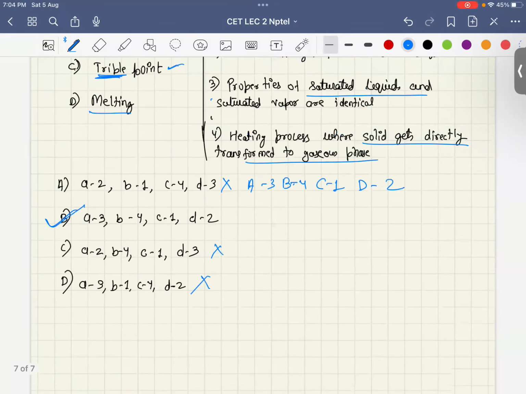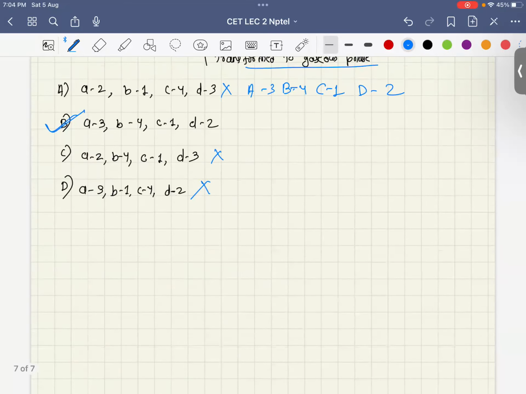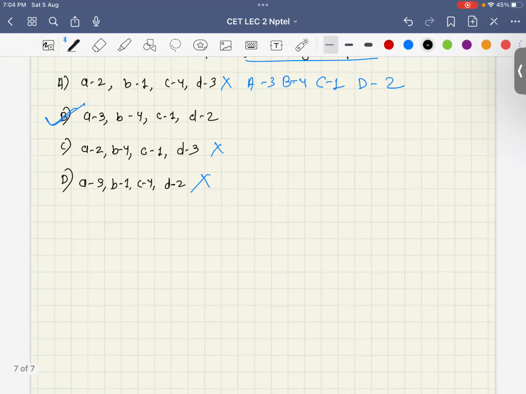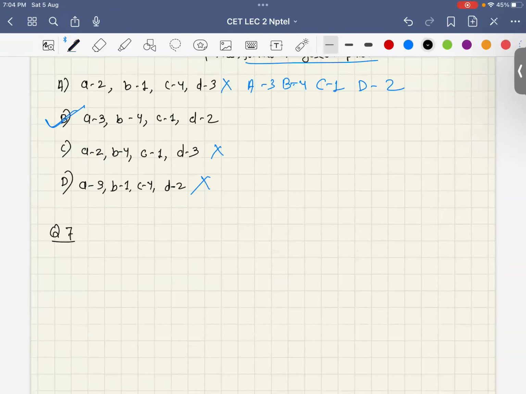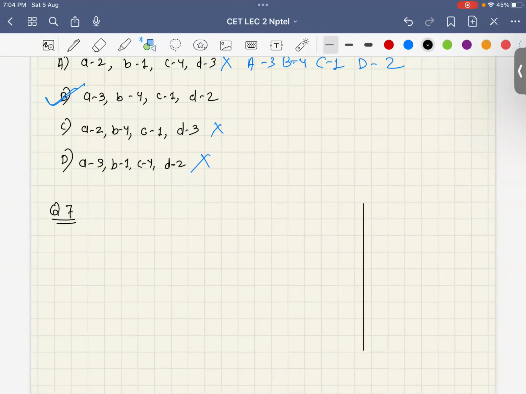Okay. We'll move on to the next question, which is also like that only. Question number 7. Again, we have to match the pair, right? I'm going to show you a curve. Based on that curve, you have to answer. This is one.